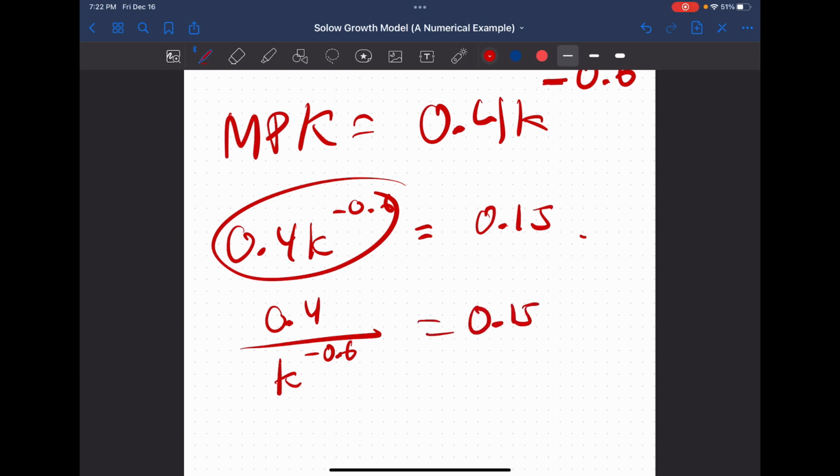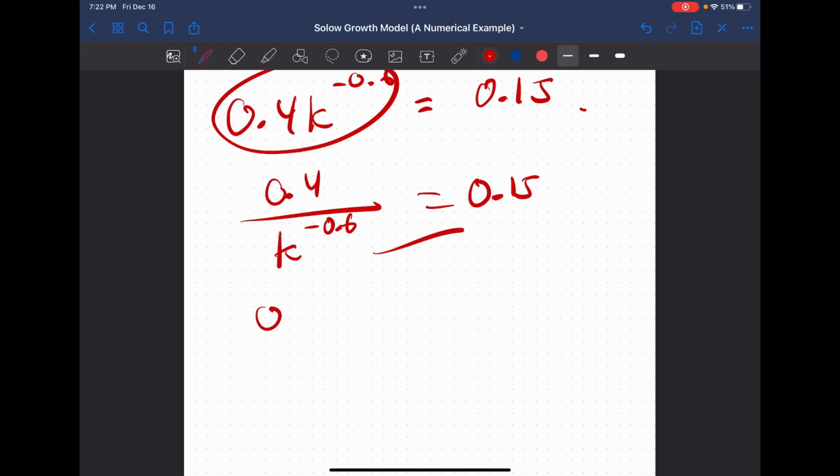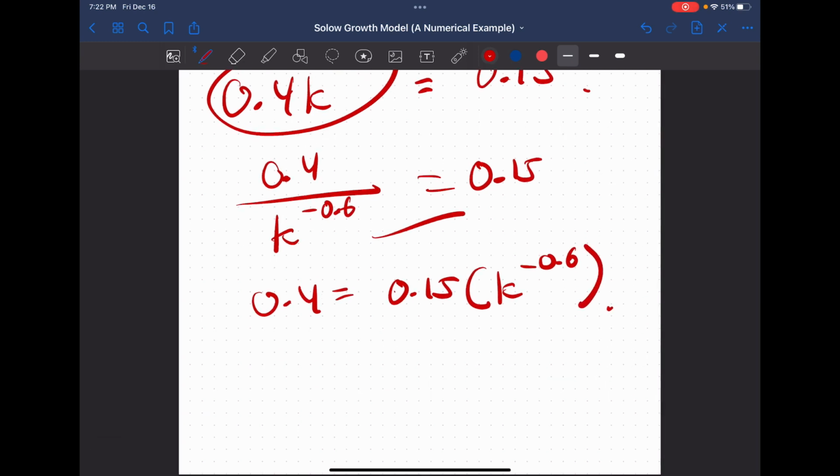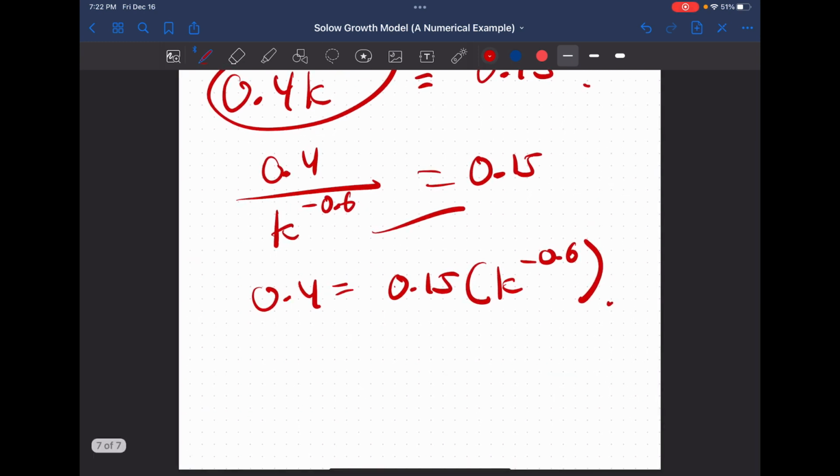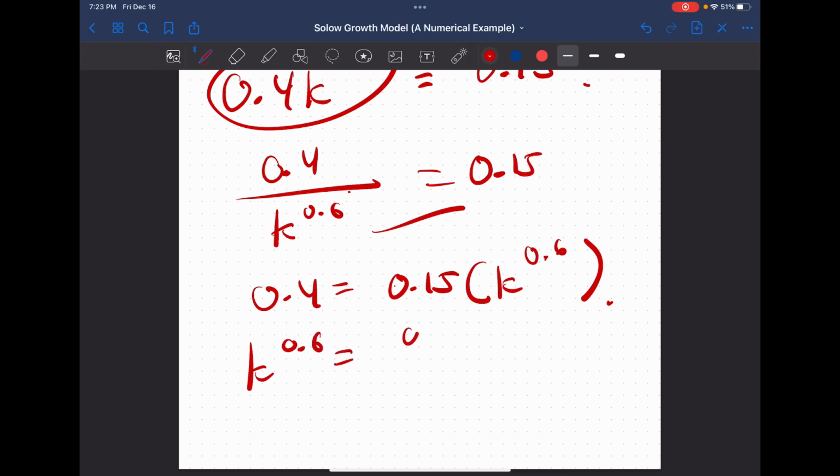So we just manipulate it. 0.4 equals 0.15 times little k to the power of, sorry, this should not be negative, this should be positive 0.6. Okay, so k to the power of 0.6 equals 0.4 over 0.15.